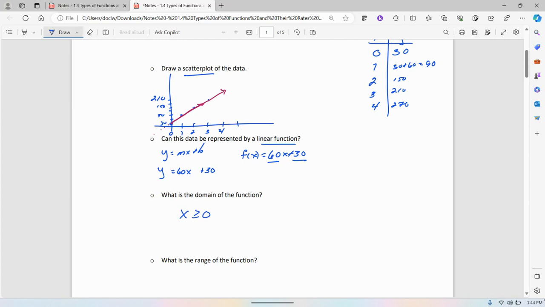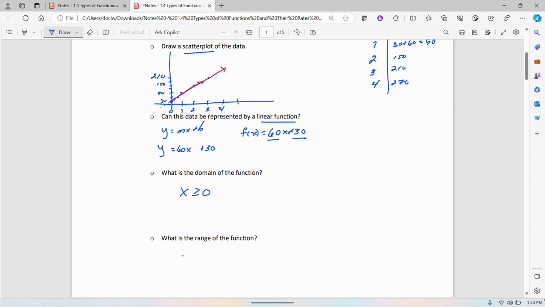Also, my y value, the minimum y value is 30, and then they go up from there. So my range is y is greater than or equal to 30. In the future, we'll get a lot more in depth into domain and range, a little bit more understanding of them, as well as formal way to write domain and range. But at this point, this early in the course, the domain is x values greater than or equal to 0. The range is y values greater than or equal to 30 is sufficient.